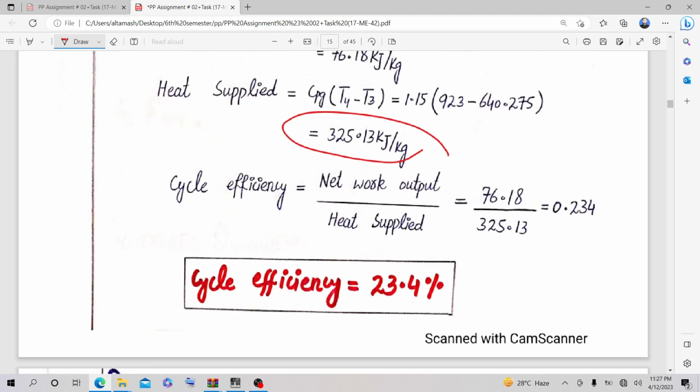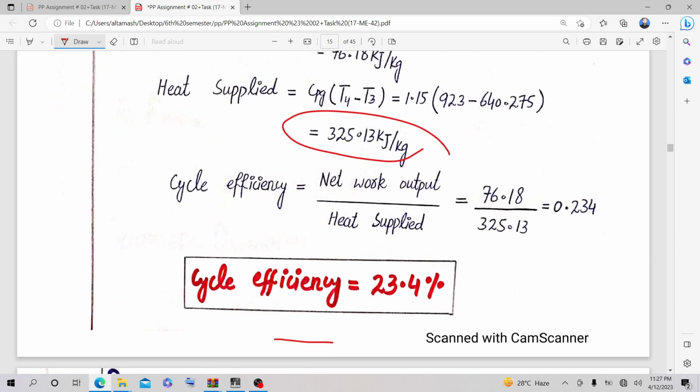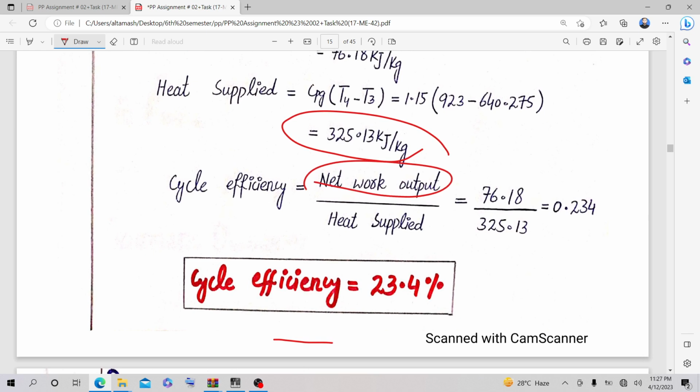And we know that cycle efficiency is equal to net work output divided by heat supplied. We know net work output, and we want to know the heat supplied, that we also know.